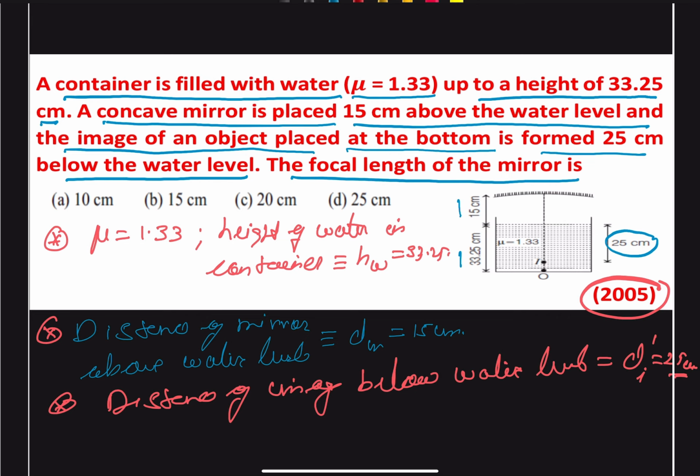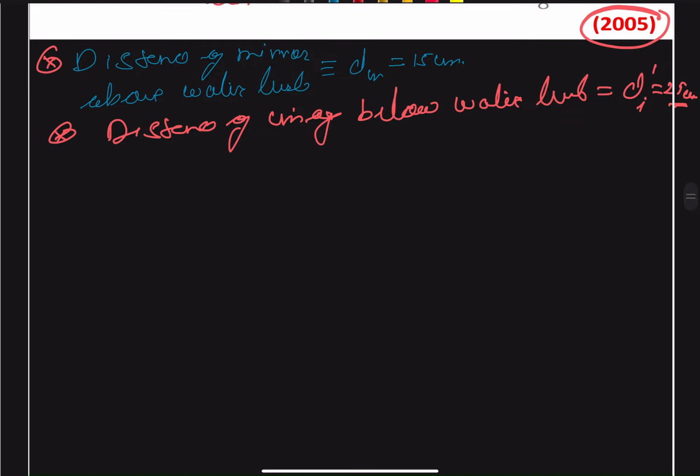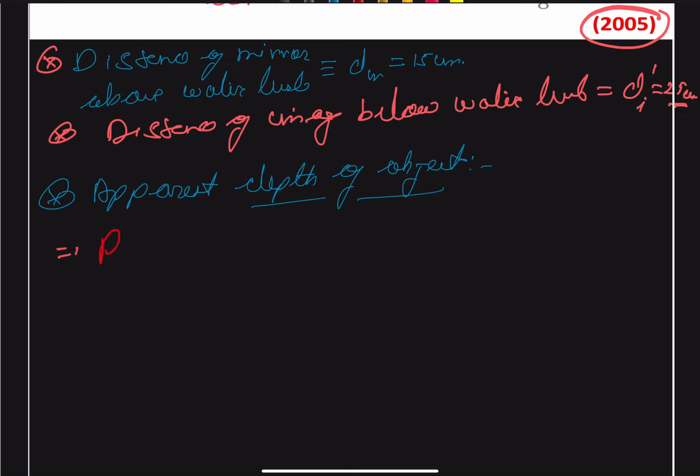So first of all, we are going to find out the apparent depth of the object. And we can say that the real depth of the object is the height of the water.